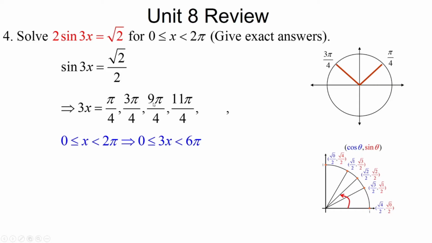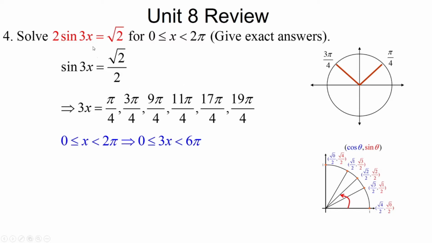And now let's add 8 pi over 4 to this 9 pi over 4 to get a 17 pi over 4. And let's add another rotation of 8 pi over 4 to 11 pi over 4 to get a 19 pi over 4. So there are all of my possible 3x's right there. I have 6 of them.